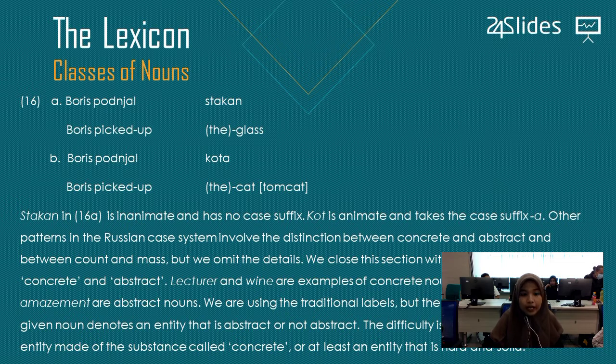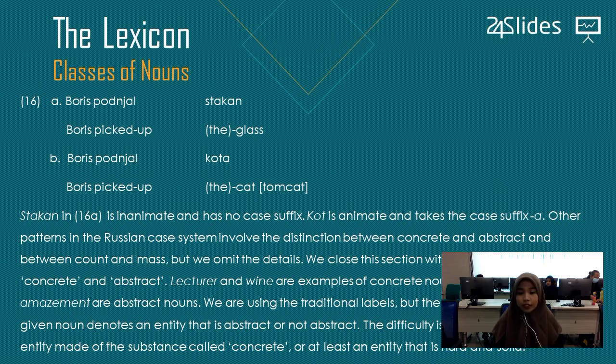Other patterns in the Eurasian case system involve the distinction between concrete and abstract and between count and mass. But we omit the details. We close this section with a comment on the terms concrete and abstract. Lecturer and wine are examples of concrete nouns, while truth and amazement are abstract nouns.